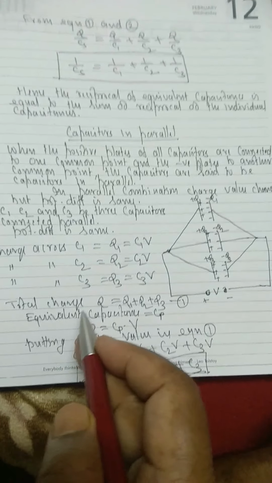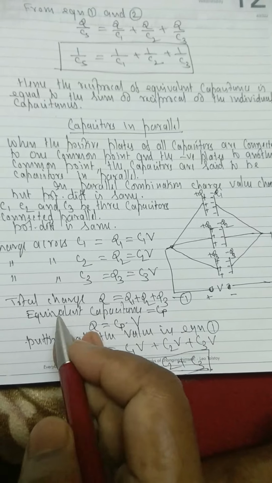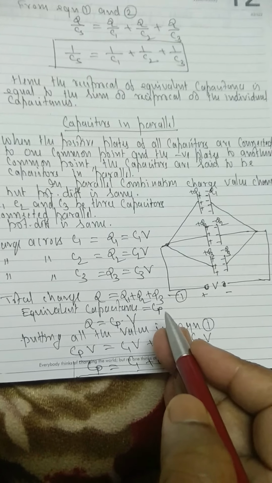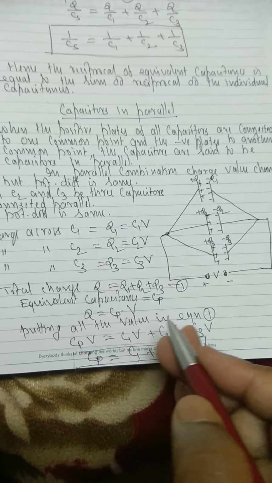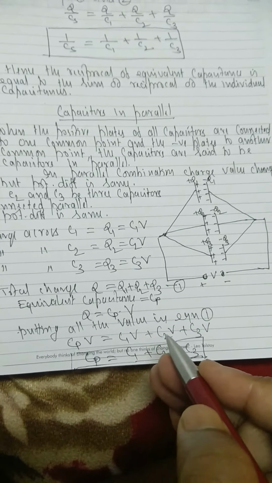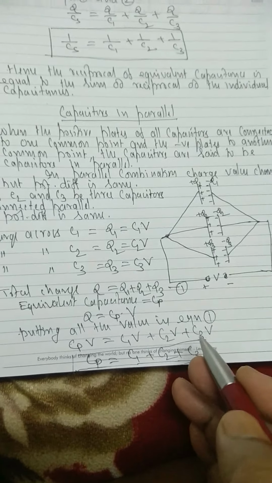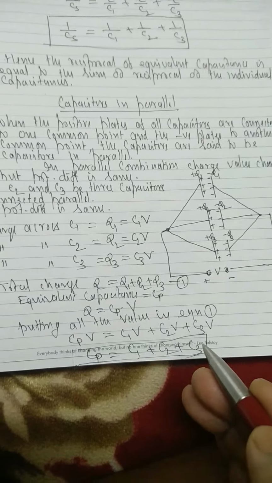So total charge Q equal to Q1 plus Q2 plus Q3, and the equivalent capacitance is represented by Cp. So Q equal to CpV. Putting all the values in equation 1, CpV equal to C1V plus C2V plus C3V, and finally we get Cp equal to C1 plus C2 plus C3.